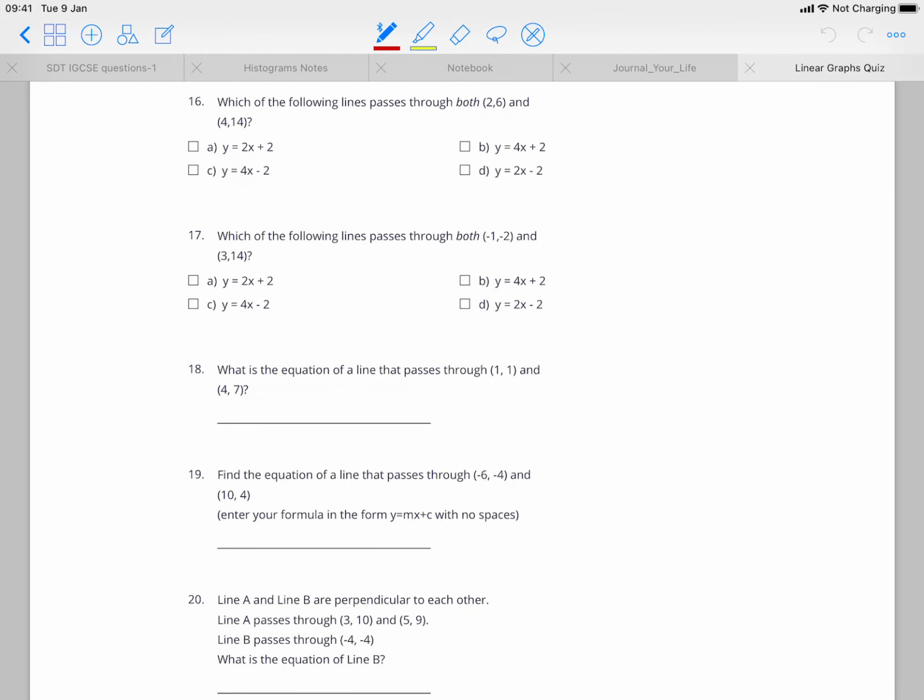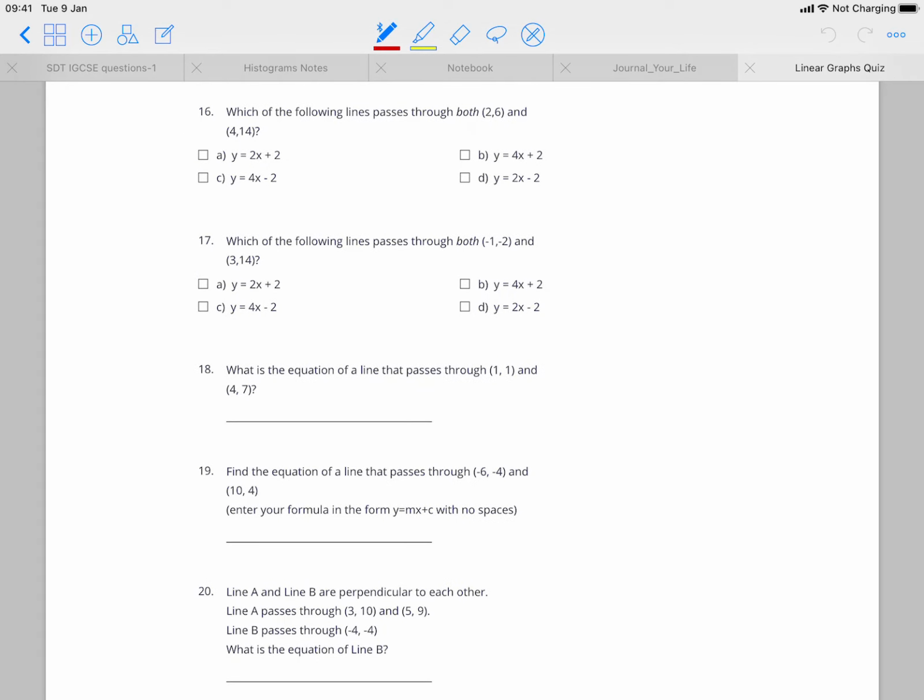Which of the following lines pass through both 2, 6 and 4, 14? Now we have to do a little bit of substitution. I'm going to say, if x is 2, y equals, and I'll do it for A, B, C, and D. For the first one, if x is 2, y is 2 times 2 plus 2, which is 6.